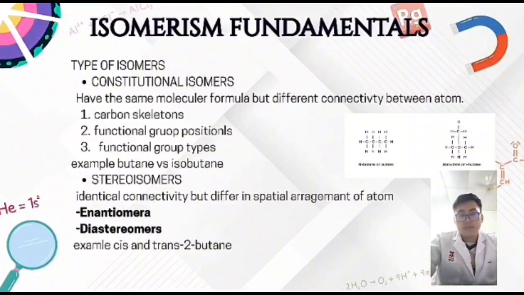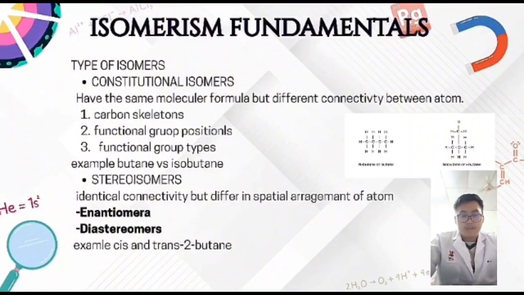The second type is stereoisomers. They have the same connectivity but different spatial arrangement of atoms. These have two main types: the first one, enantiomers, and the second one, diastereomers.